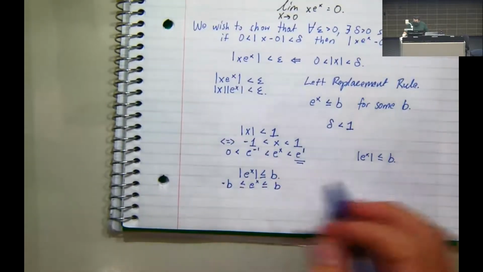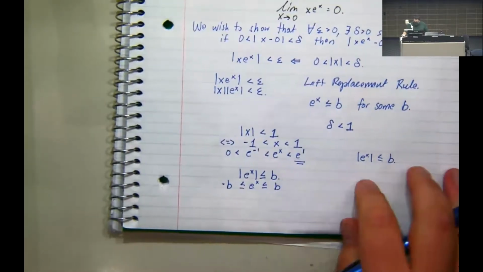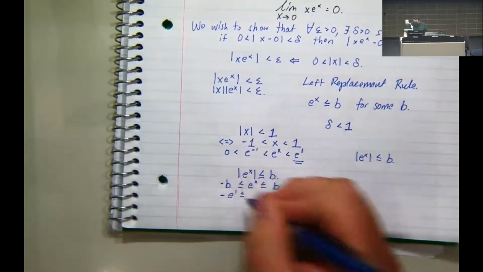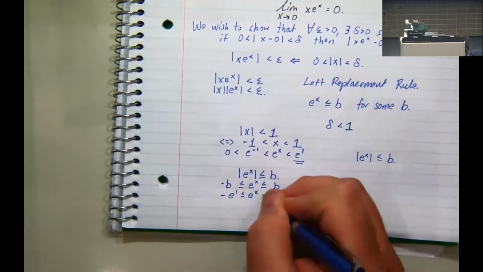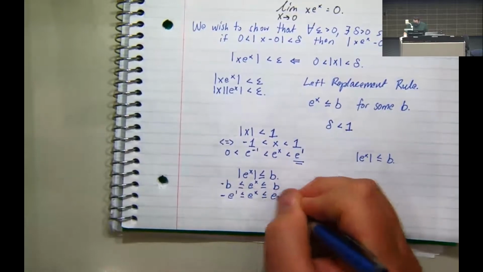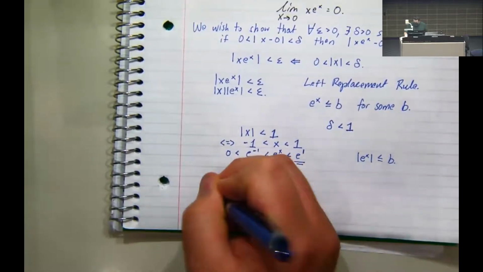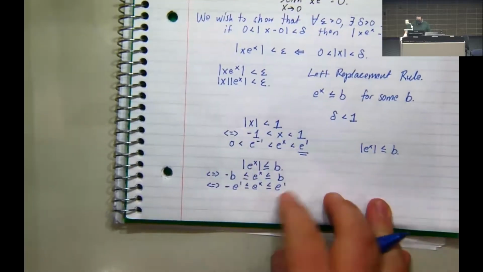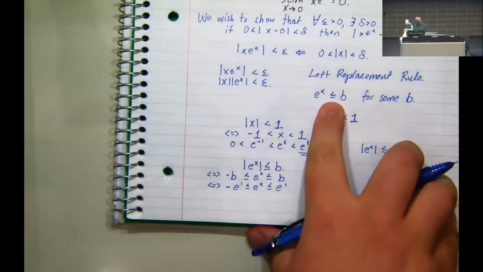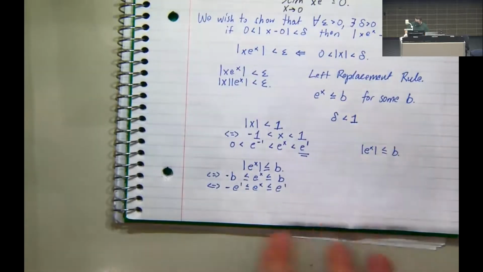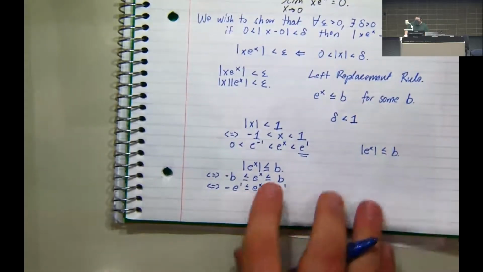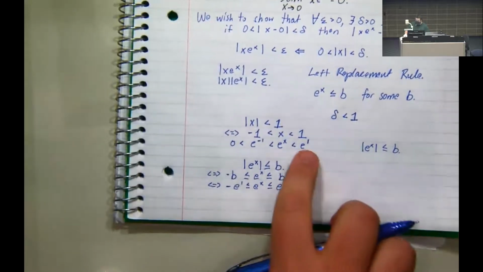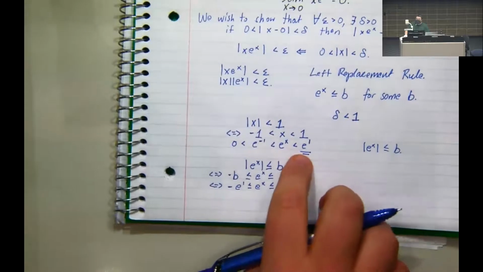And then let's sub in our b value of e to the 1. So negative e to the 1 is less than e to the x, which is less than e to the 1. Okay, and we were looking for e to the x here. We guessed a b value, which got us to this, and we know that that's true because of this.